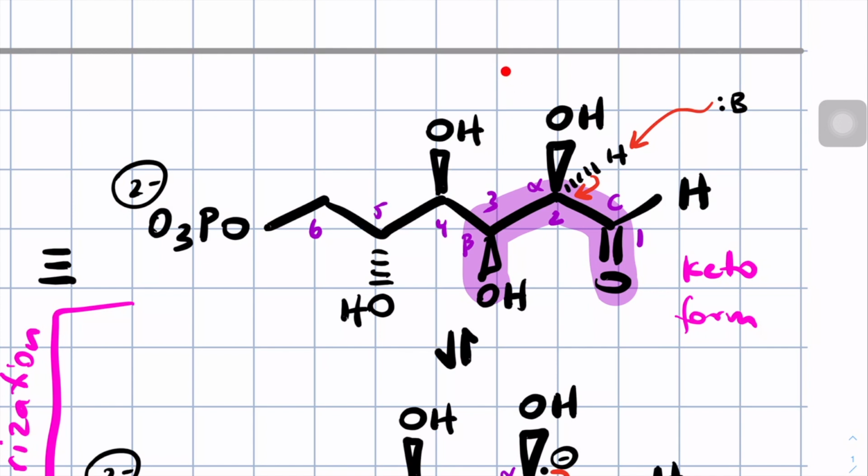So I want you to think about what bond we would have broken if we did a retroaldol reaction from this beta hydroxycarbonyl compound. It's the bond between alpha and beta carbons, right? So if we did the retroaldol reaction, we would break this bond. Carbon 3 would be an aldehyde. Carbon 2 would be negatively charged.